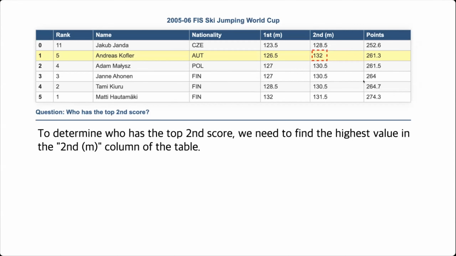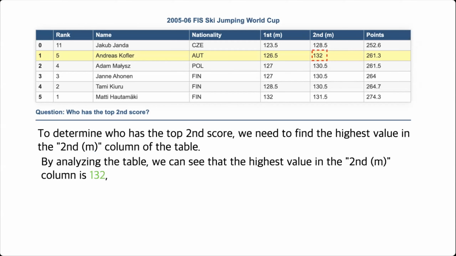First, the large language model says that we need to find the highest value in the second column of the table. That's a very good start. Then it successfully analyzes the table and extracts the highest value, 132.